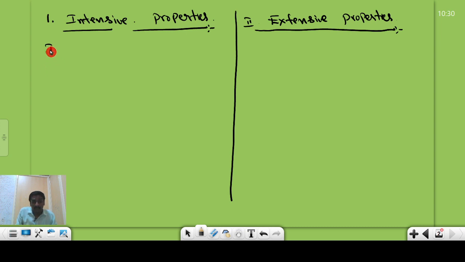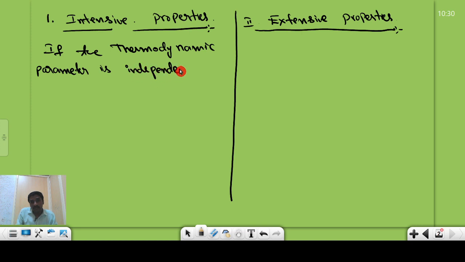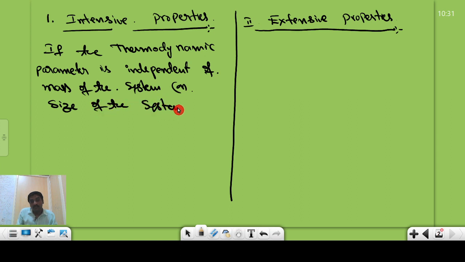If the thermodynamic parameter is independent of the mass of the system, or size of the system, or extent of the system, then those parameters are called intensive properties.